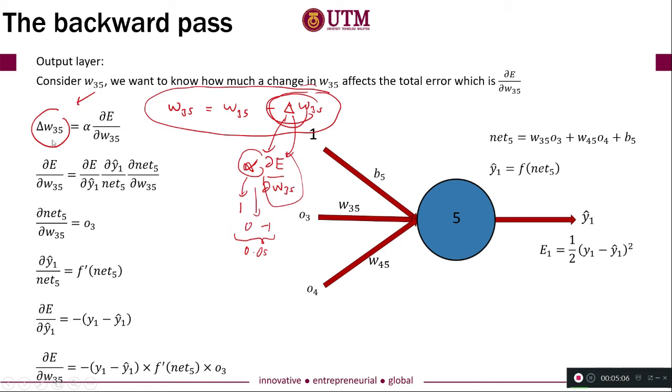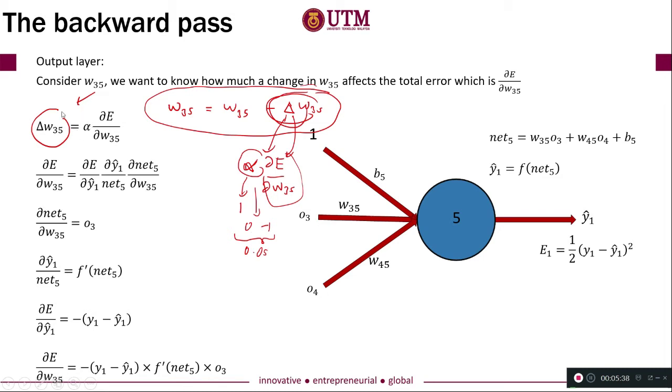The updater of your W35 is represented by this triangle W35 updater. This one you need to set by yourself, the alpha learning rate. Because it has been set, it is fixed, the value is already there.